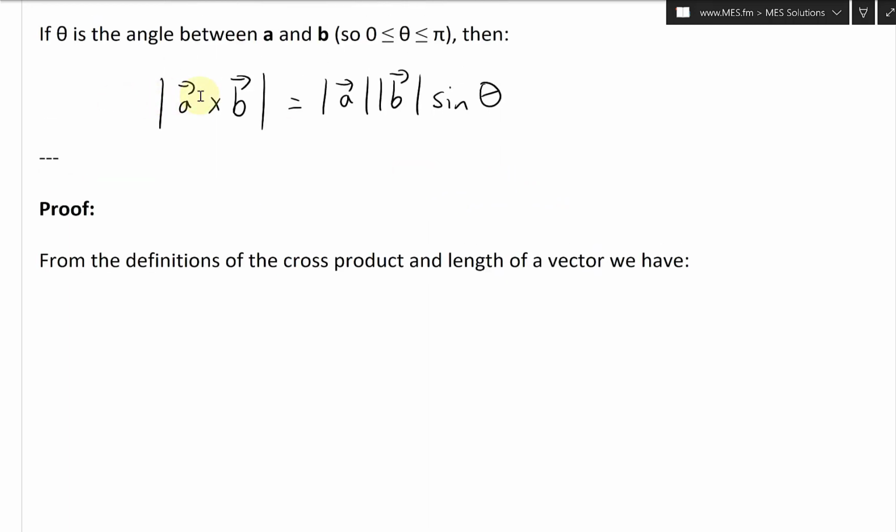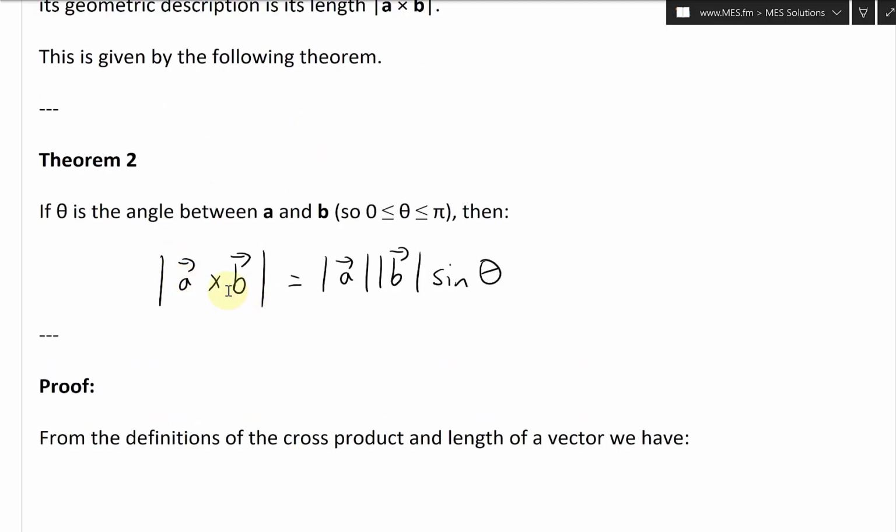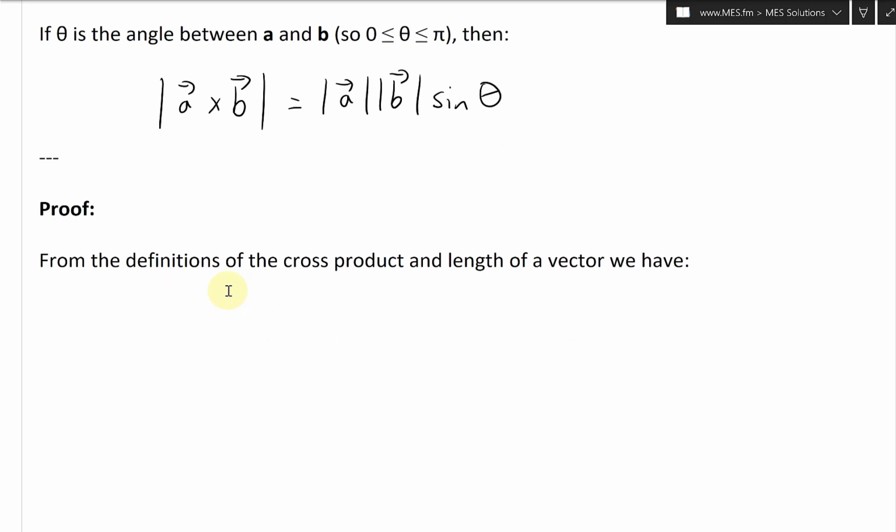I'm going to take the length of this cross product vector, and then define it using the length of the vector formula. So the length of A cross B, squared just so we're dealing with squares, is equal to, again just Pythagoras theorem essentially in 3 dimensions.